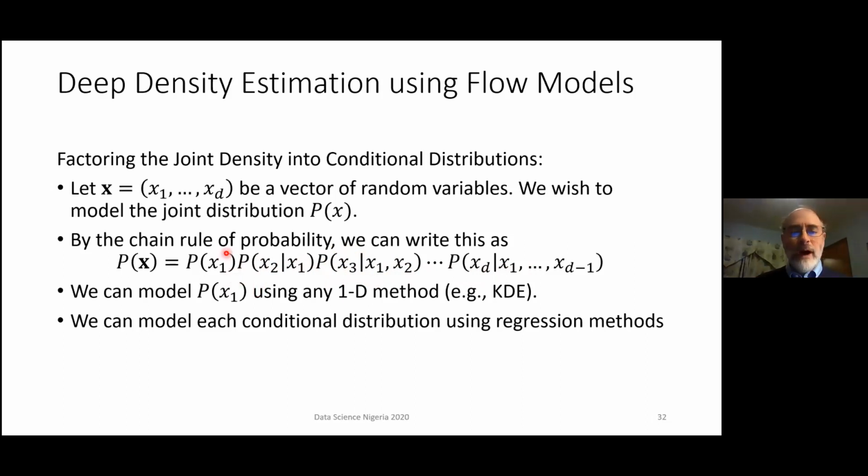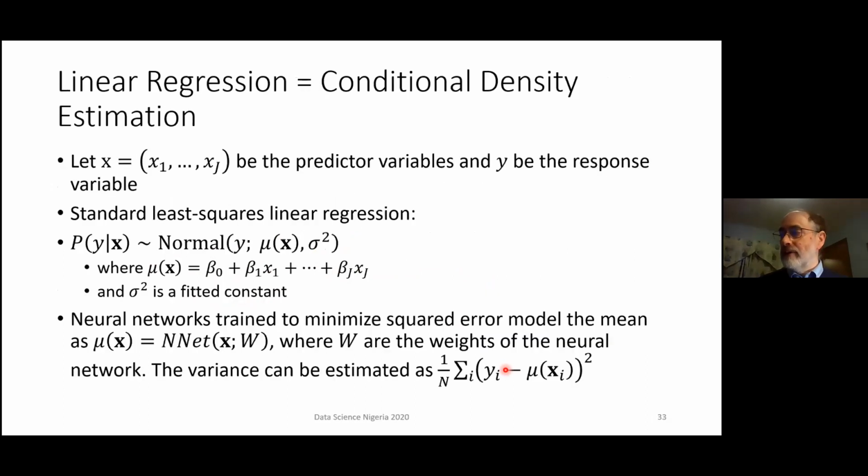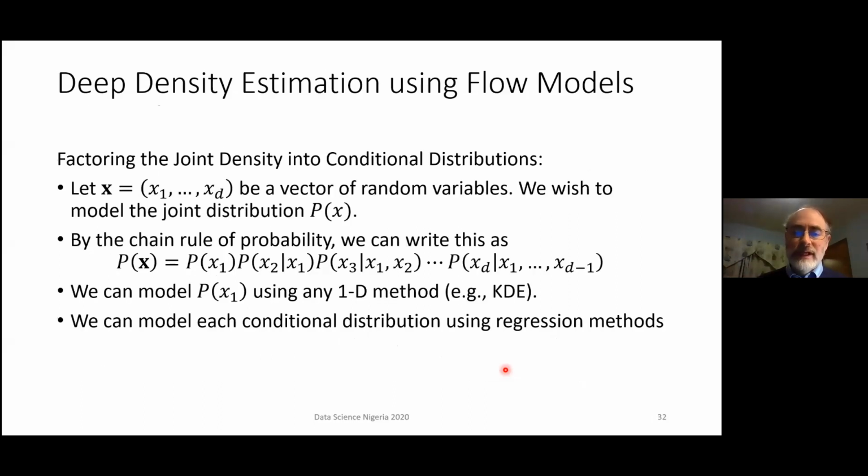So we can start by modeling X1 using any of the techniques we described, for instance, a kernel density estimator or a Gaussian. And then for each of these, we're going to fit a regression model, possibly linear or not. Linear regression, we can view it as conditional density estimation. These are all conditional densities, right? Because they're conditioned on some variables.